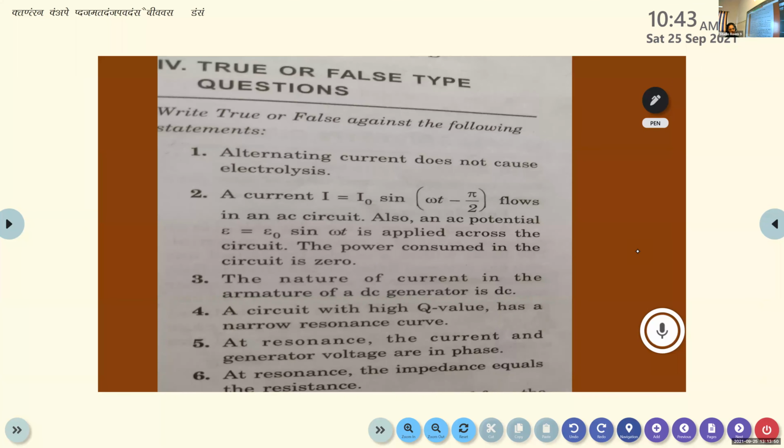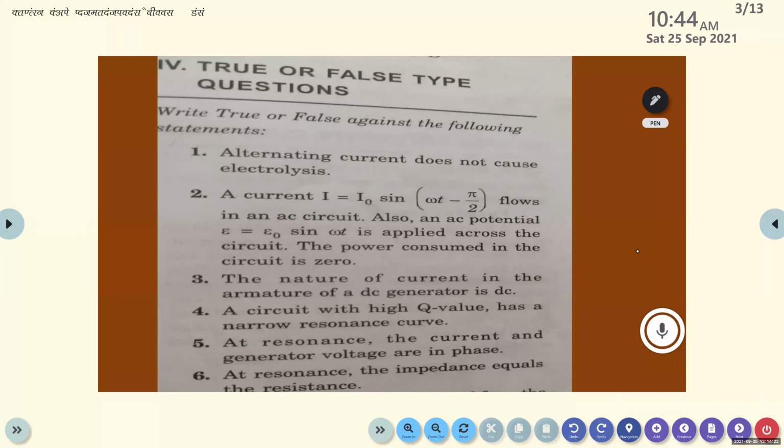Is it alternating current or direct current during electrolysis? The Leclanché cell is something associated with this electrolysis phenomenon in chemistry. So alternating current does not cause electrolysis. Is it true or false?